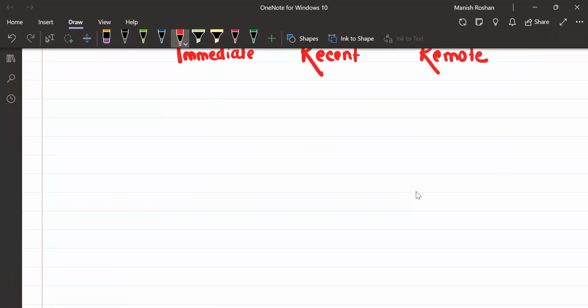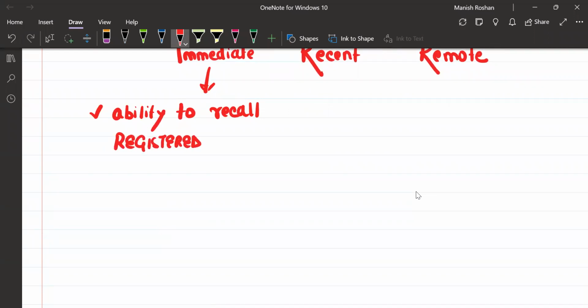So immediate, again, how to define immediate? Immediate is defined as the ability to recall registered information after an interval of a few seconds.